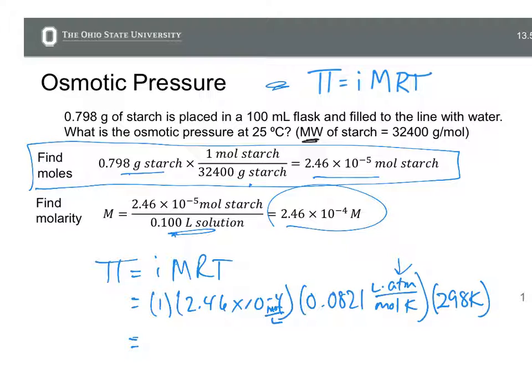And we end up with 6.02 times 10 to the minus 3 atmospheres. Okay. Questions on that? Pretty straightforward.